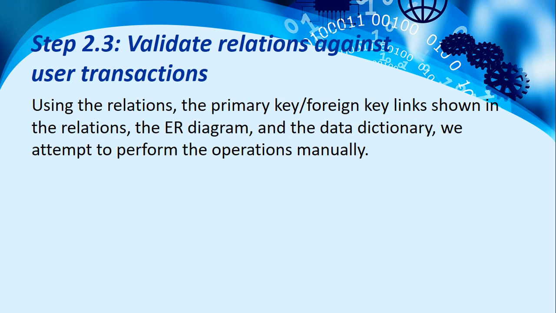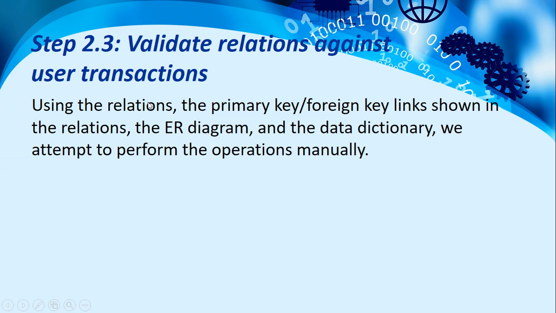Using the relations, the primary key and foreign key links shown in the relations, the ER diagram, and the data dictionary, we attempt to perform the operations manually. So we manually trace through the transactions.